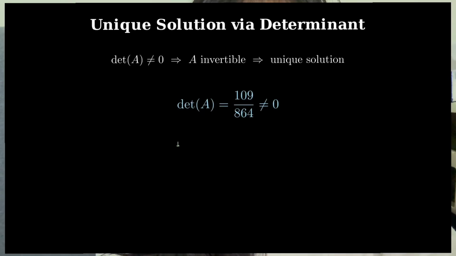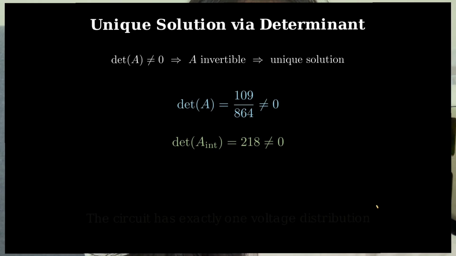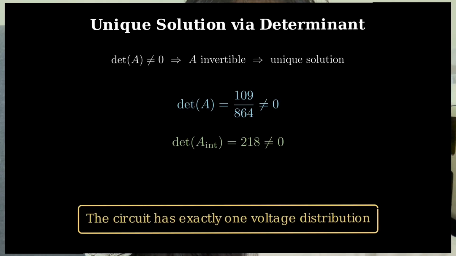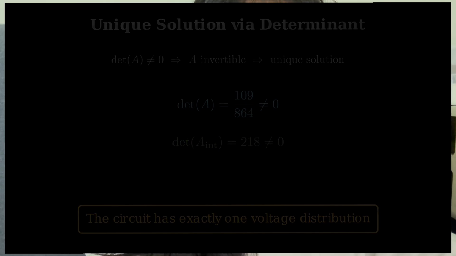The matrix is invertible. For the integer scaled matrix, the determinant is 218, which is also non-zero. Therefore, the circuit has exactly one voltage distribution. In engineering terms, the mathematical model gives one definite physical answer.